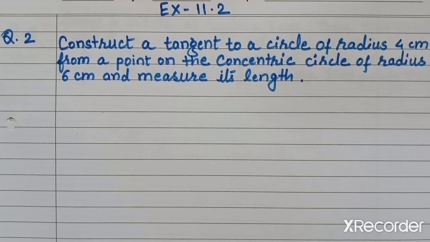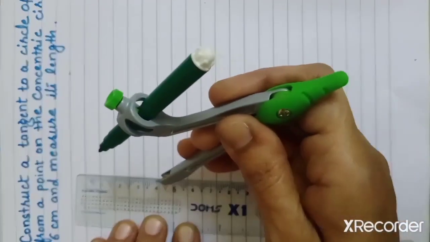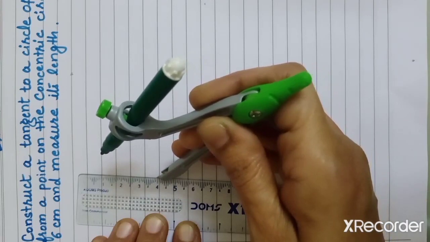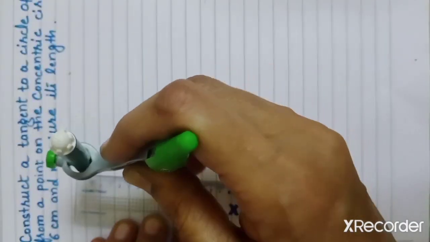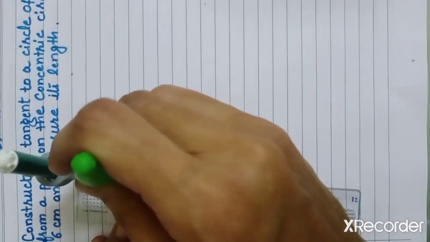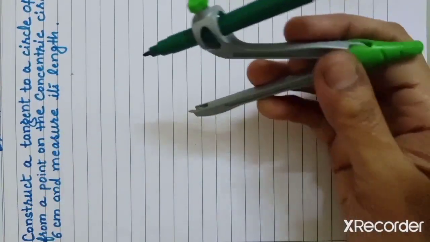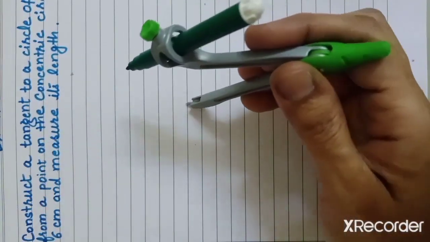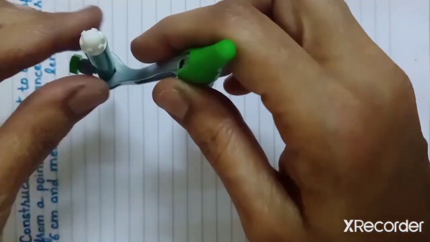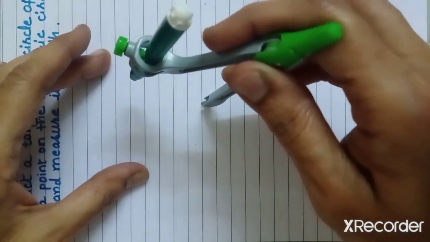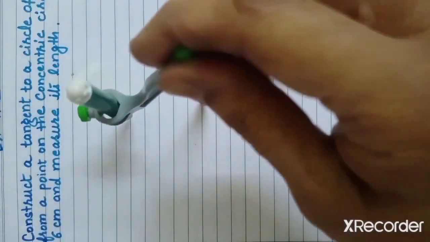So let us begin. First of all, you take radius 4 cm in the compass. Now let us draw a circle. Keep the pointer here.